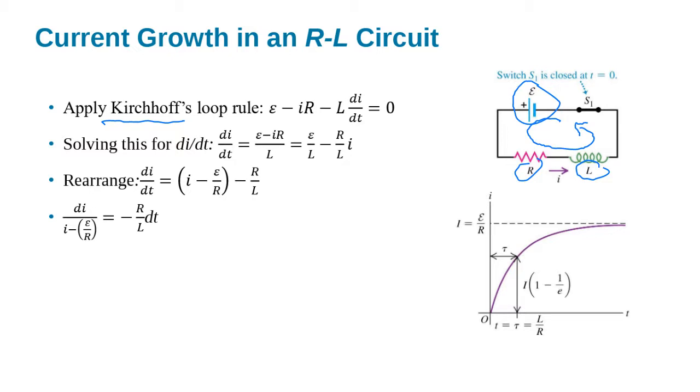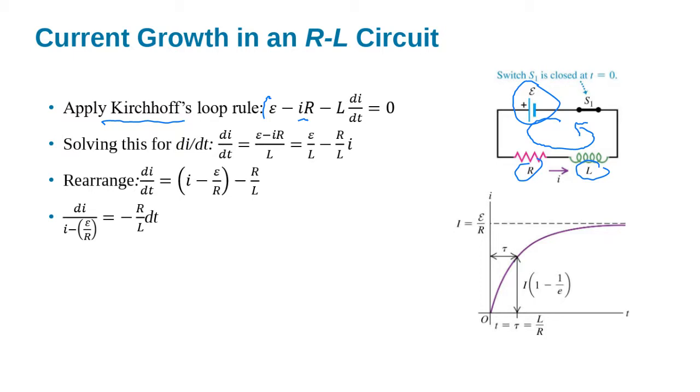So if we were to go around anti-clockwise, then here we're stepping up in voltage for our battery, so that's going to be some positive value. And for the resistor, we're stepping down, so that's going to be a negative voltage, and the voltage over the resistor is IR.